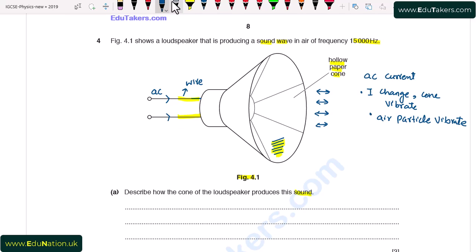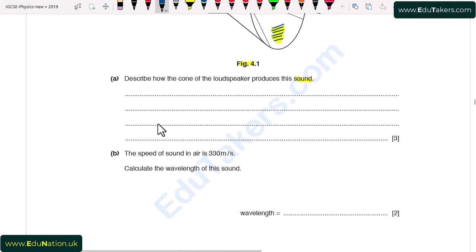So I write here, AC in the wire, that is alternating current, causes the cone to vibrate.